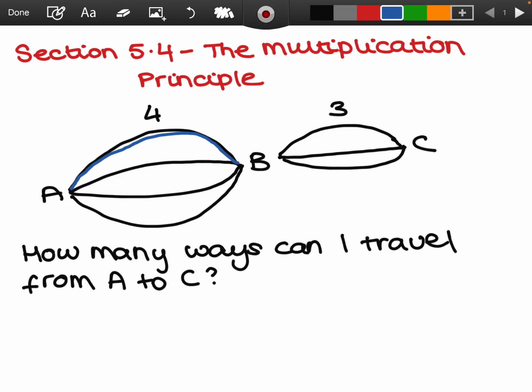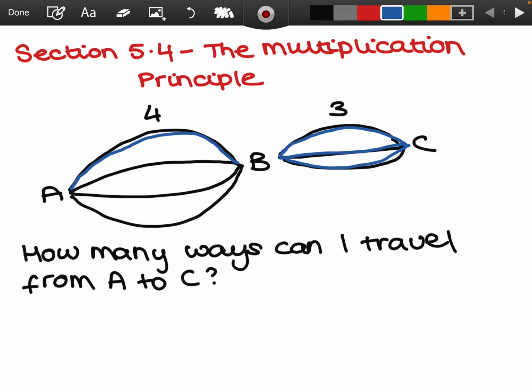I took that first path to get from A to B. Once I've got to B on that first path, I can then choose any one of my 3 paths to get from B to C, and each one of those is a unique way of getting from B to C. So by taking that first path, I get 3 different ways that I can travel from A to C. I can take the first path from A to B and then the first path from B to C. I can take the first path from A to B and the second path from B to C, or I can take that first path from A to B and then the third path from B to C. So that gives me 3 different ways of getting from A to C.